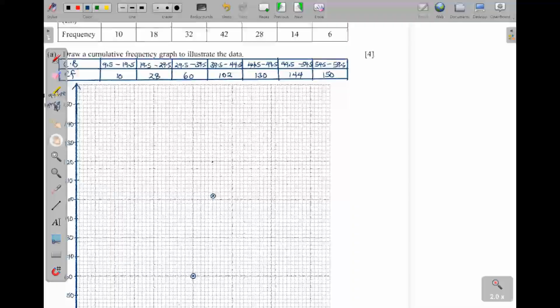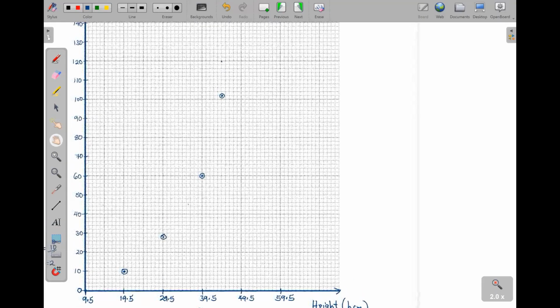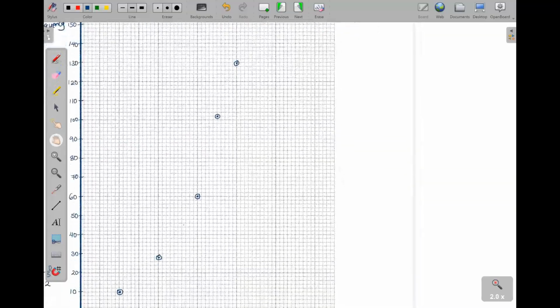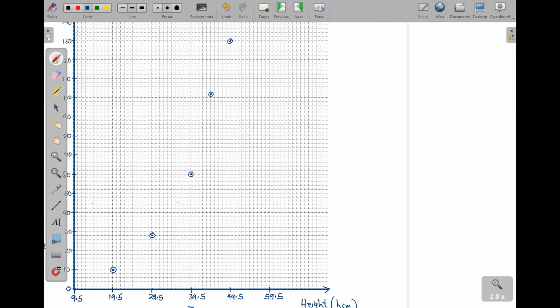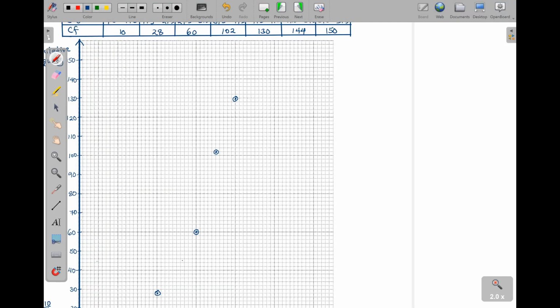And then the next one is 49.5 and 130. So 49.5 is here and 130 is right up here. Then after that, we go to 54.5 and 144. 54.5 also has to be in the middle here, so we shall count 5 beyond here: 1, 2, 3, 4, 5.